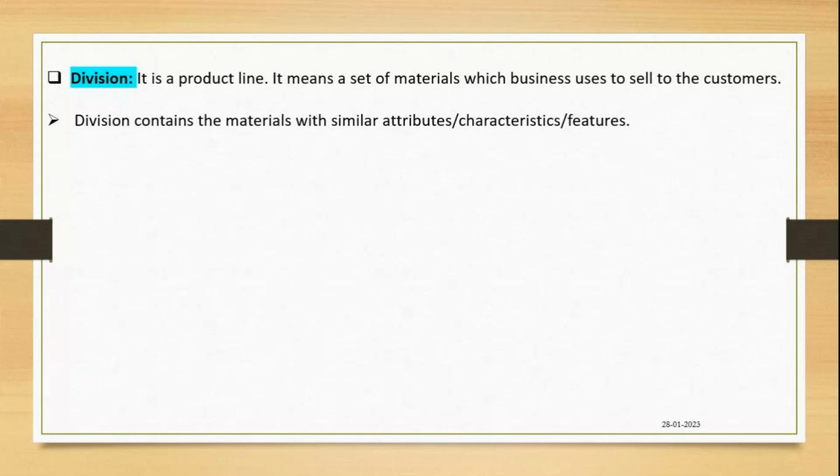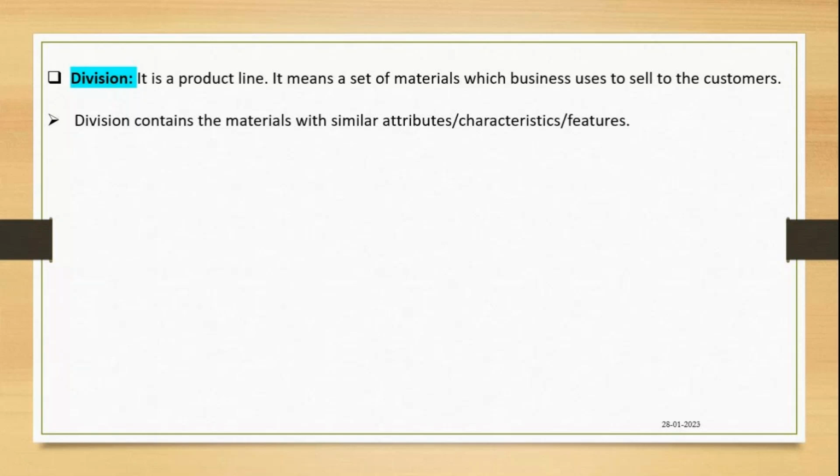Take the example of Reliance Mart, Reliance Fresh, or local stores like Puro Natural. They segregate all vegetables into one division, all fruits into one more division, all dairy products into one more division. Like that, products which have a similar nature are segregated into different divisions. In vegetables they have different vegetables, and each is a material.